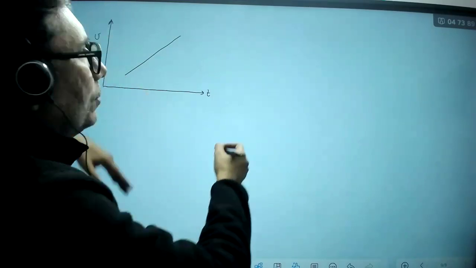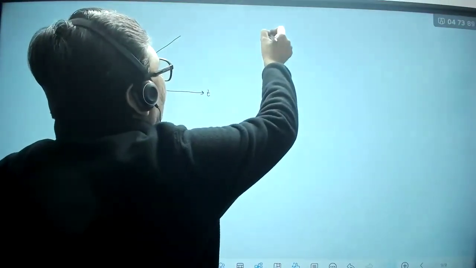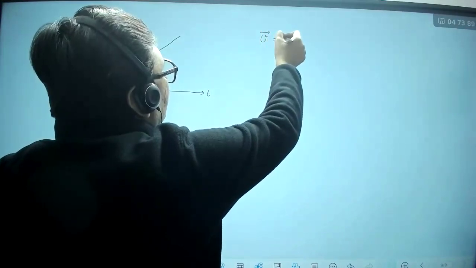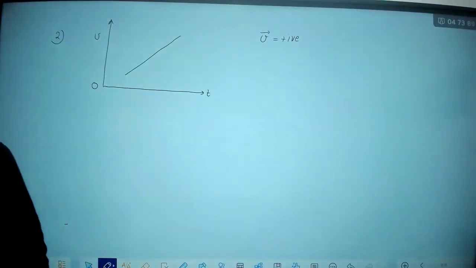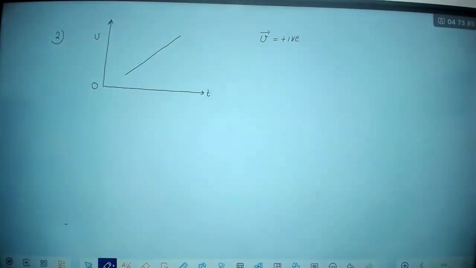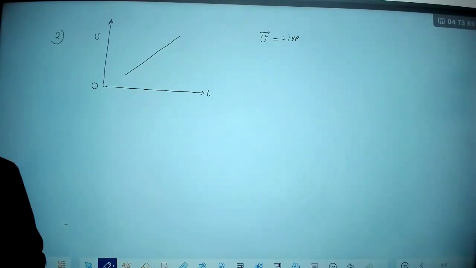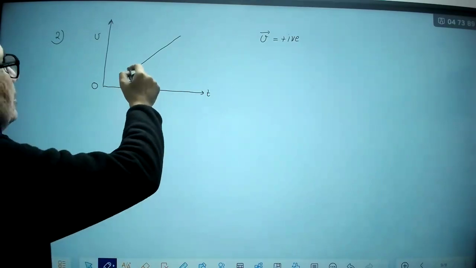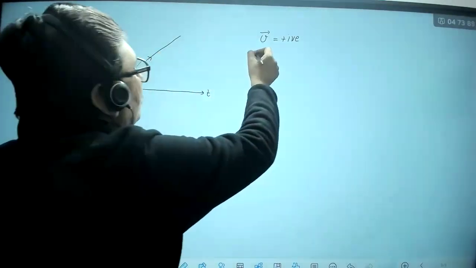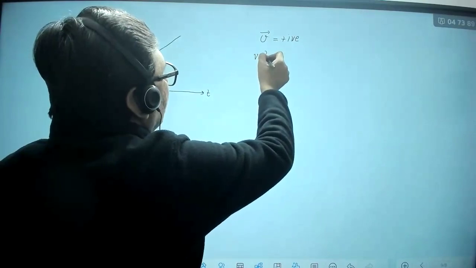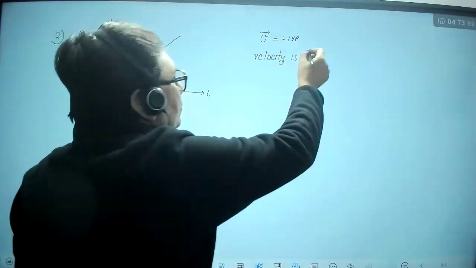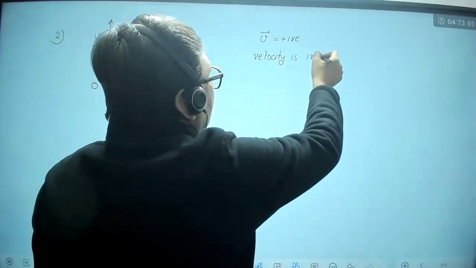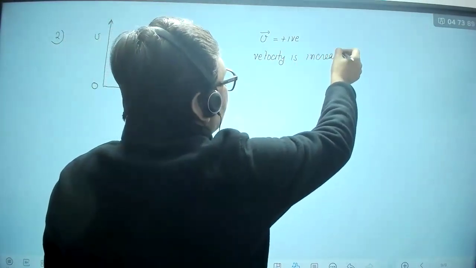So the velocity is positive. And velocity is increasing with time. Try to understand, velocity is increasing with time.